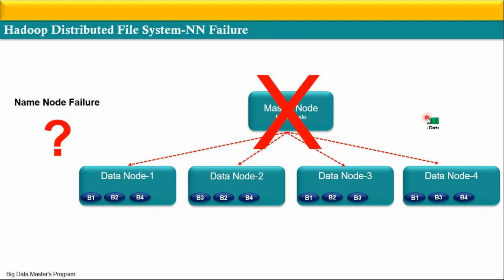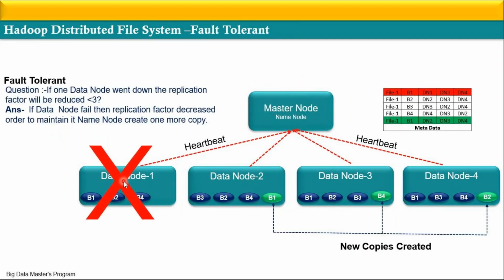Okay, another question: what is the maximum number of replicas we can put? The default is 3, and then it depends on you. You can have a replication factor of 5 or 10. There is no upper limit.